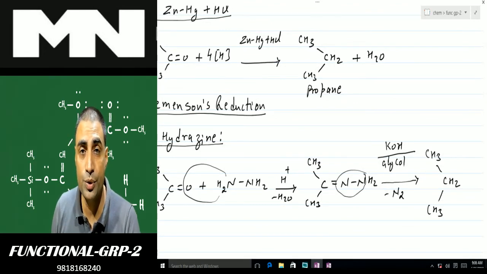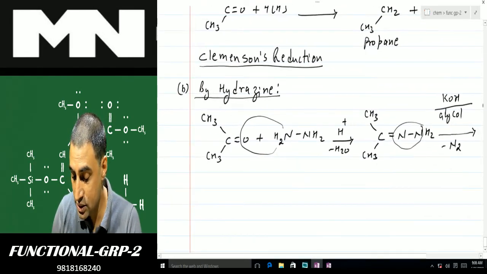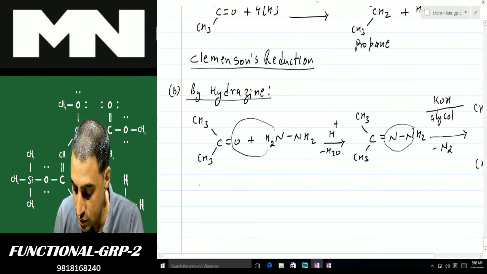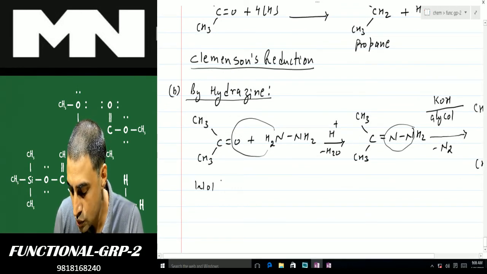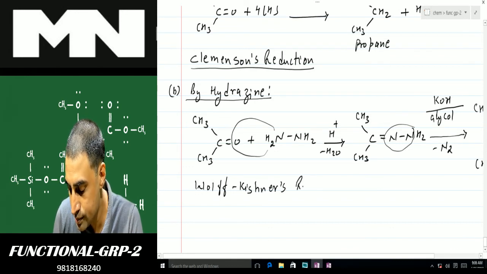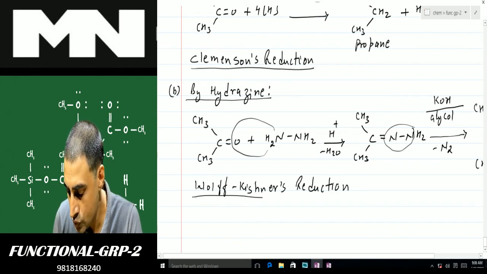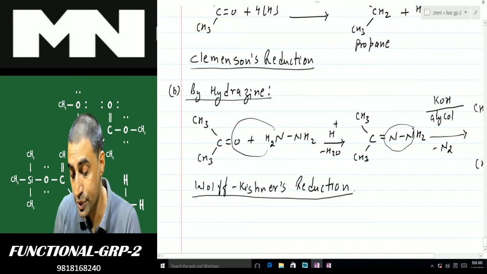So propane is what you are getting. This reduction process is known as Wolff-Kishner reduction. So Wolff-Kishner reduction is what you're doing.